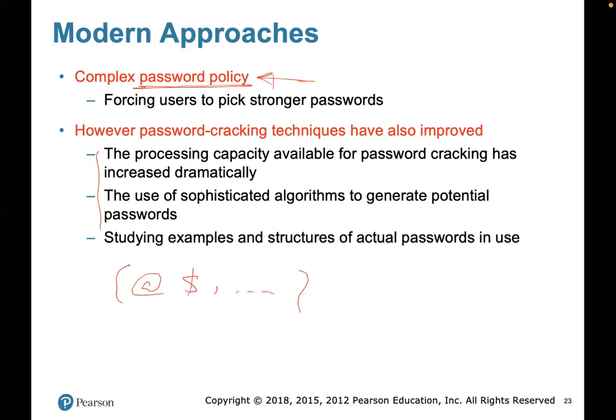So what I'm saying is that we as humans have some patterns in generating passwords and try to use the same patterns as much as we can. This is against the complex password policies.